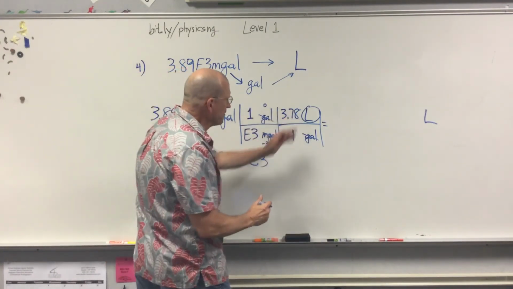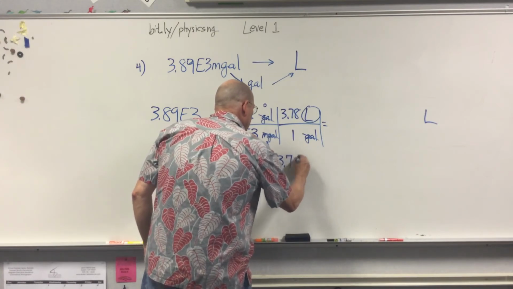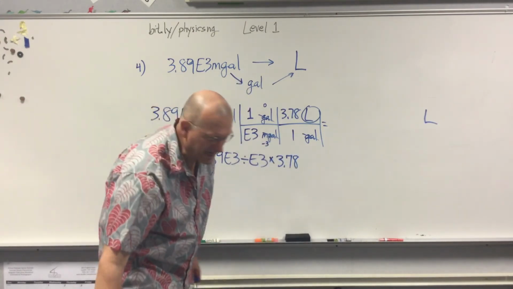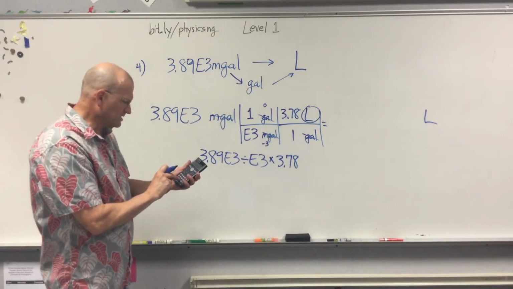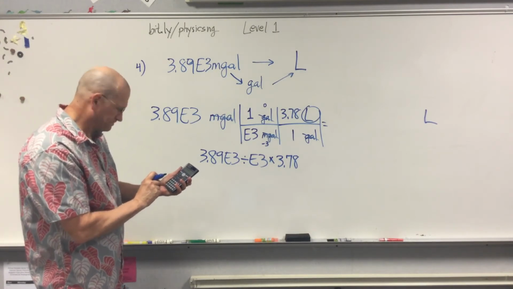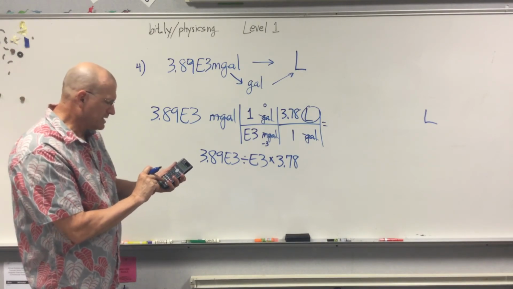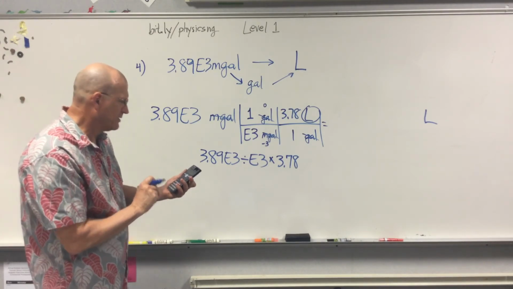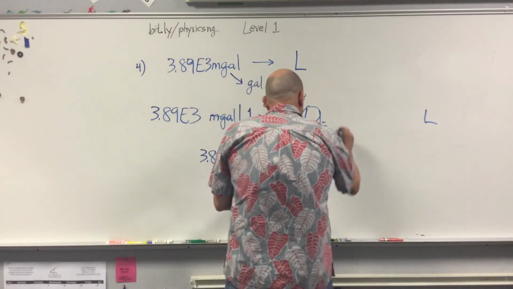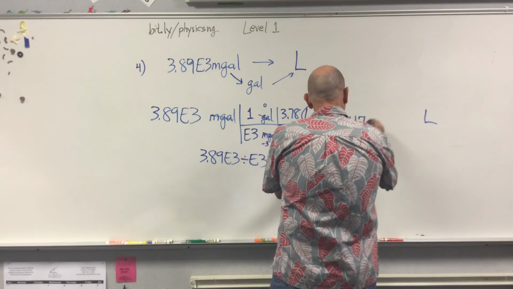And then when we move over to the next one, we have a number over 1, which means we would multiply by that at that spot. So we'd have 3.89 E3 divided by E3 times 3.78, and we get 1.47.